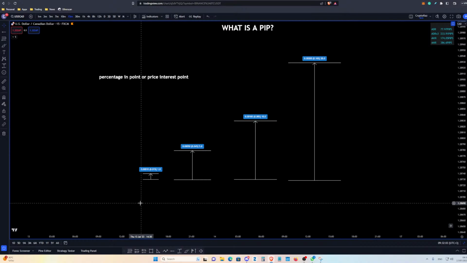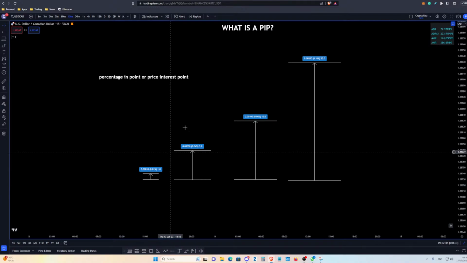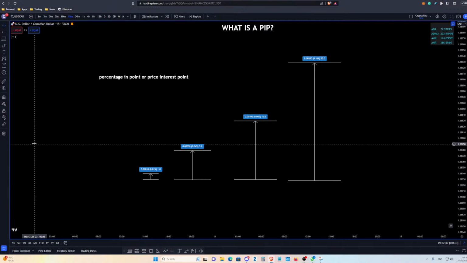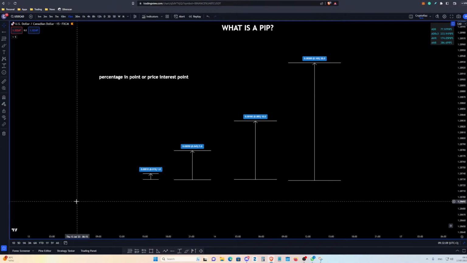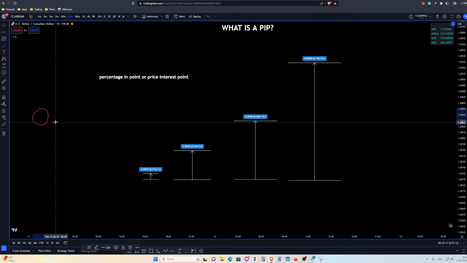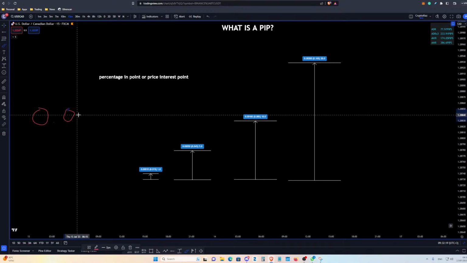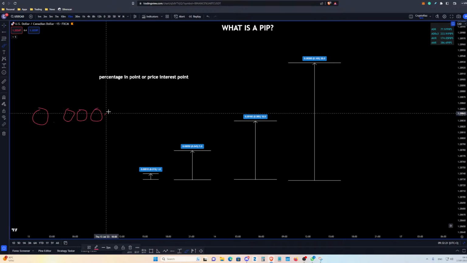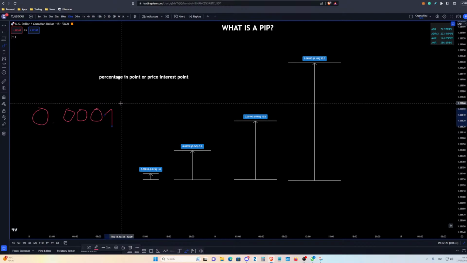For example, the smallest whole unit move the USD CAD can make is 0.0001, or 1 basis point. That is a pip.